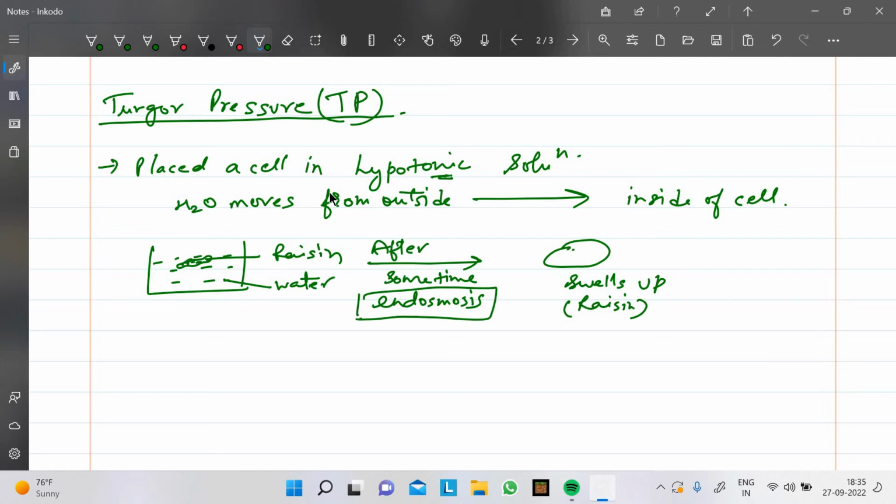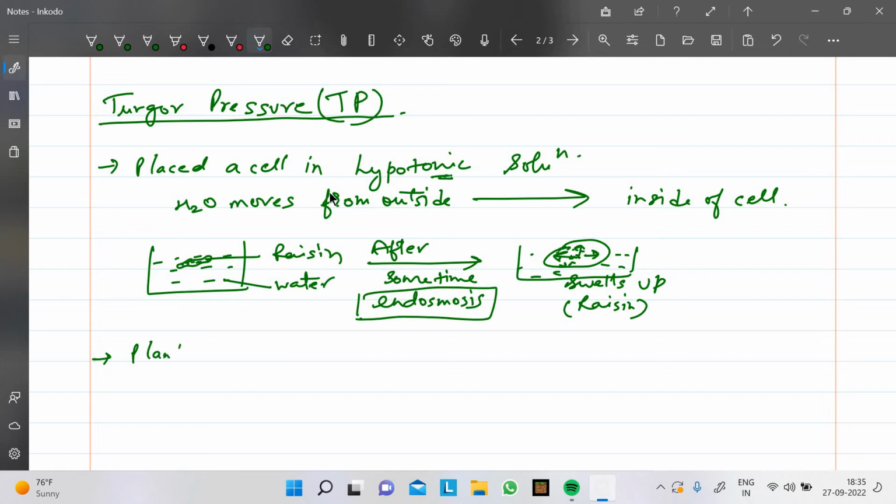ठीक है. My question is, ये जो water अंदर enter किया inside the cell, what will happen? ये water जो है ये सेल की वॉल पे एक प्रेशर लगाता है बाहर की तरफ. That pressure is called Turgor pressure. How we will define it?